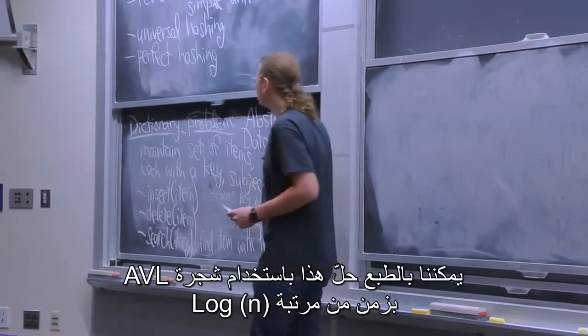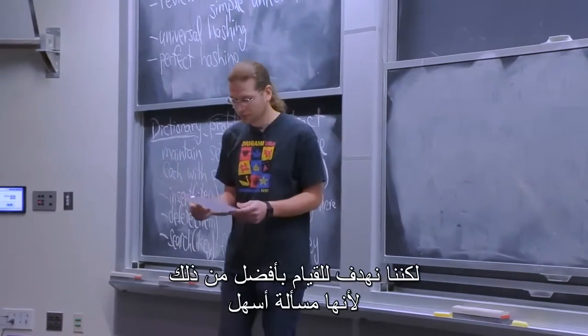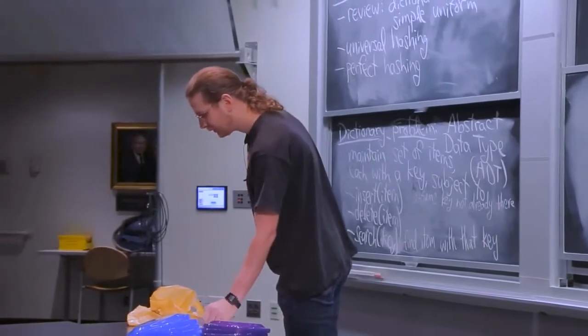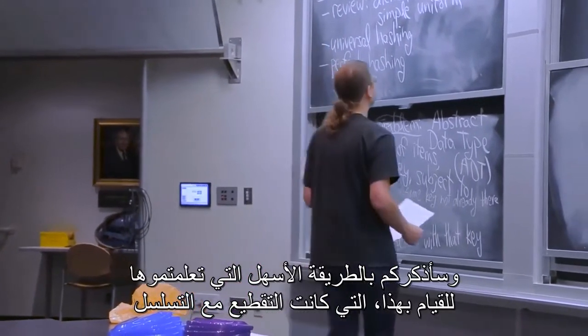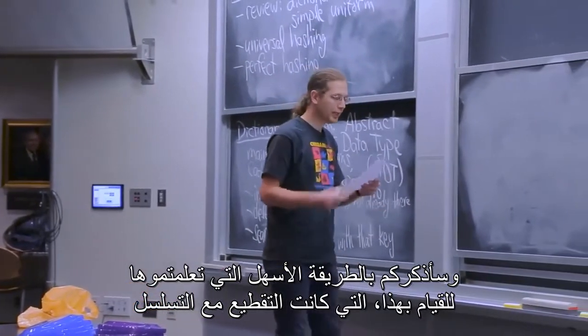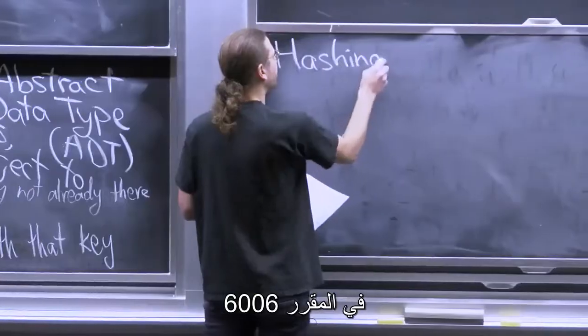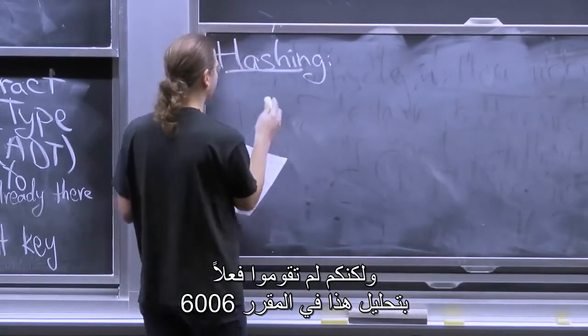Right, so we could, of course, solve this using an AVL tree and in log n time. But our goal is to do better because it's an easier problem. And I'm going to remind you of the simplest way you learned to do this, which was hashing with chaining in 6.006. And the catch is you didn't really analyze this in 6.006.